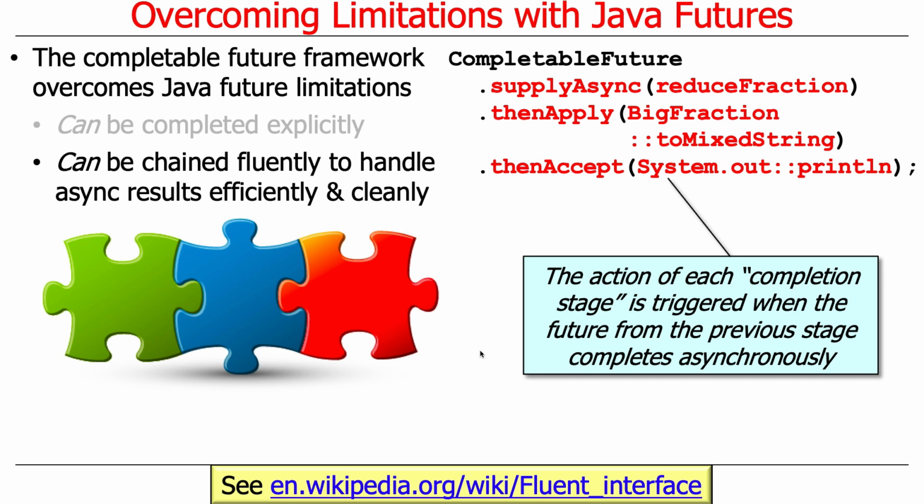When the computation being done by this lambda expression or functional object completes, the future returned from supplyAsync completes. And then we do the next dependent action, which in this case is what's called thenApply. We'll talk more about what thenApply does later. What thenApply does is take the result of this asynchronous operation, the reduced fraction, and turn it into a mixed fraction.